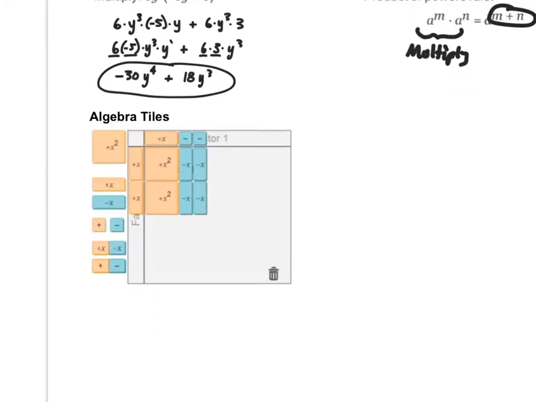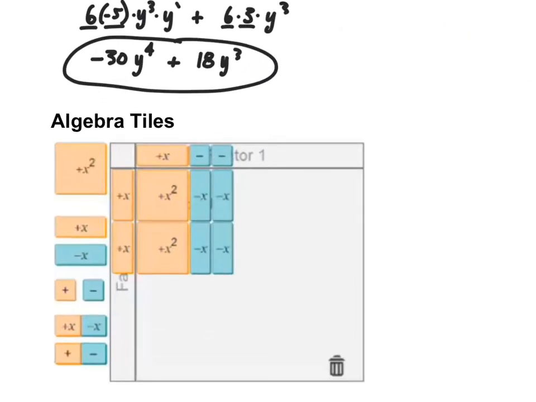All right, so we have this other thing called Algebra Tiles, and Algebra Tiles is a geometric model to multiply these together, okay?